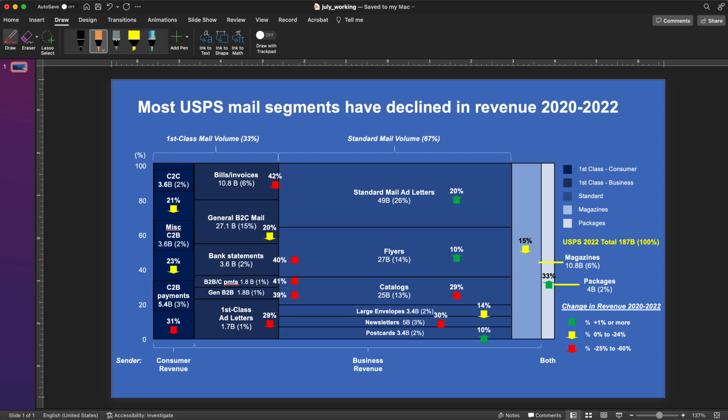At first glance, I can see that this is a matrix-style bar chart, where the size of each box is meant to be proportionate to the size of the segment. I notice that they're measuring the segments in terms of volume on the x-axis, and percentage revenue along the y-axis.